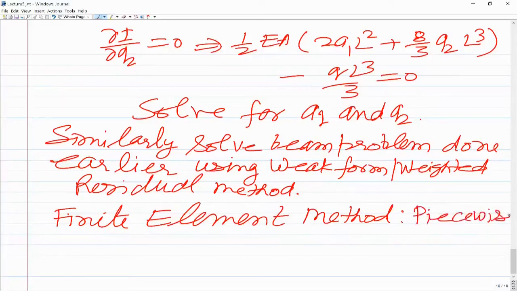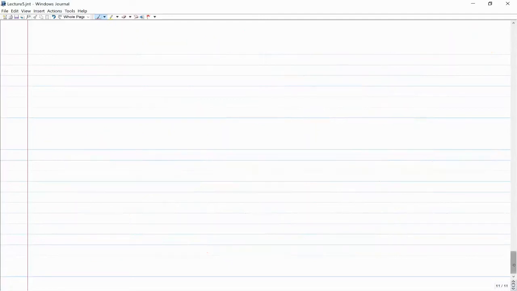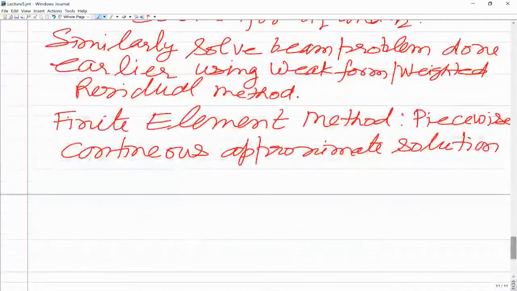So basically, by definition, in the finite element method what we do is a piecewise continuous approximate solution of unknown field variables.